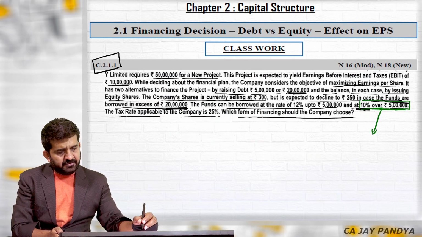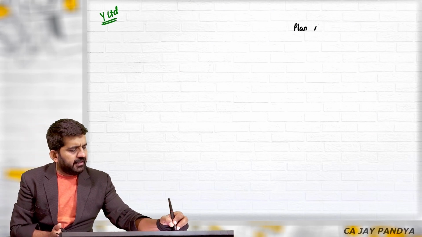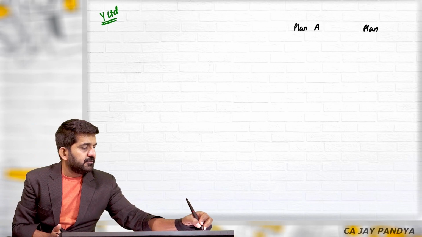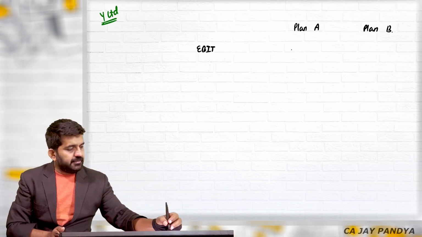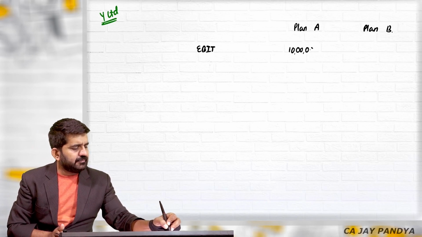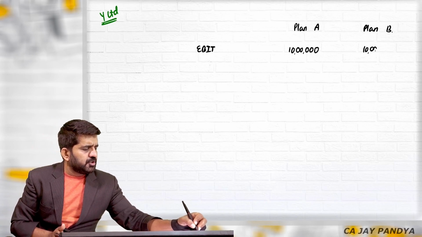The company's name is given, Y Limited. So I can prepare the profitability statement of Y Limited under plan A, under plan B. What will be EBIT? Plan A 10 lakhs, plan B also 10 lakhs rupees.